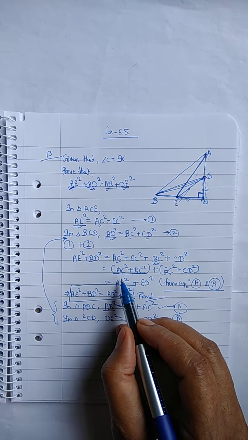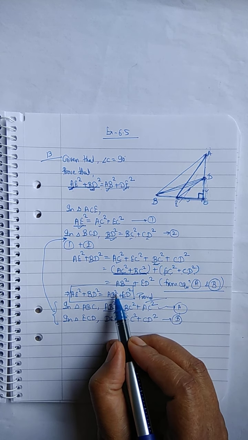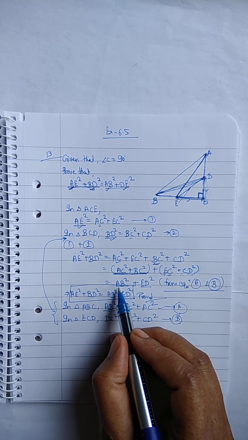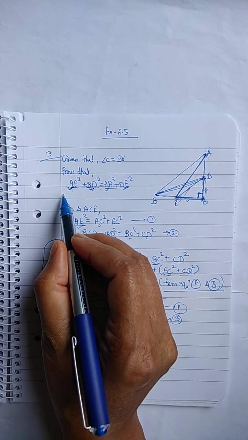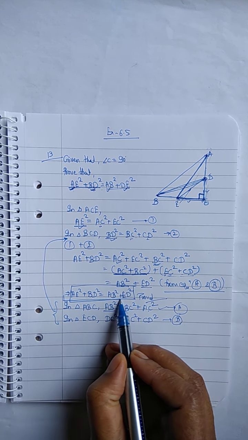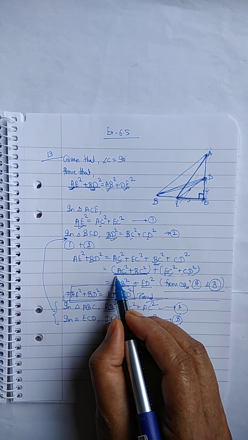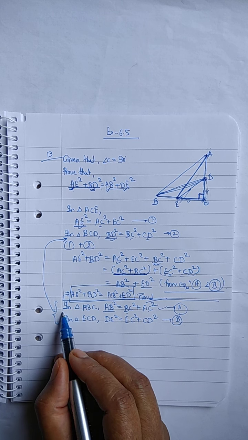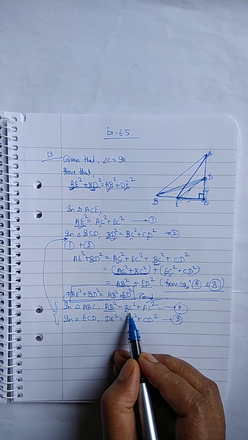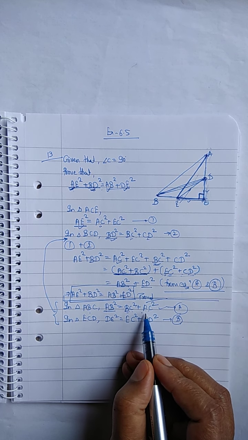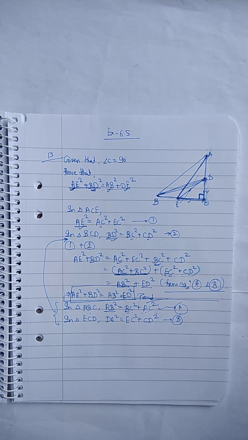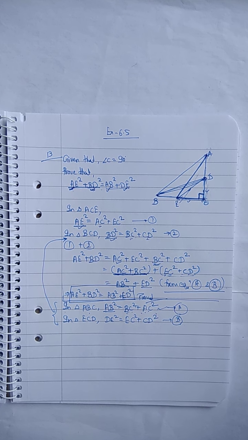So it's up to your wish, here also you can directly write AB square, and for this you can directly write ED square. So this is also correct. If you are unable to understand how you will calculate AC square plus BC square, so first take this triangle and calculate BC square plus AC square, okay? So now this question is done, okay?